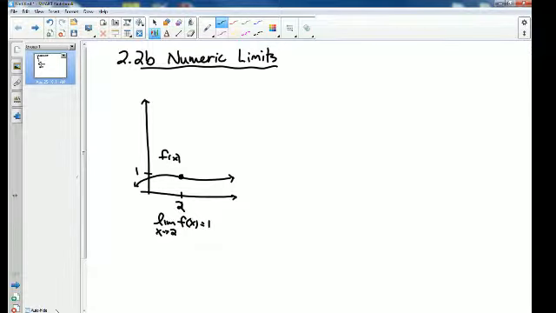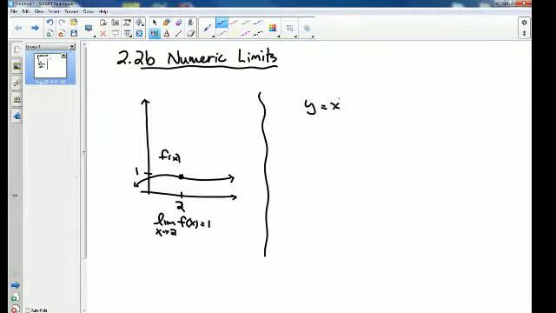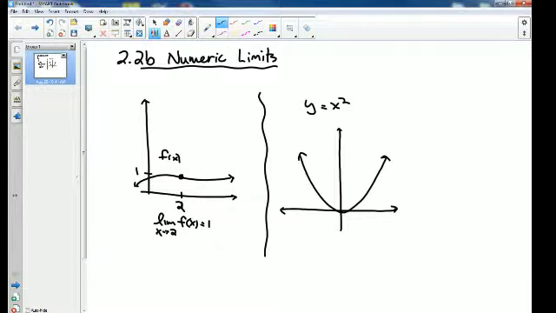Numeric limits come when we have a function. Here we're not given the actual function like y equals 2x. So numeric limits are applied most of the time when we have something like this, and you probably have this one just about memorized.